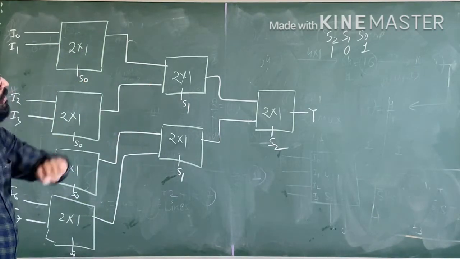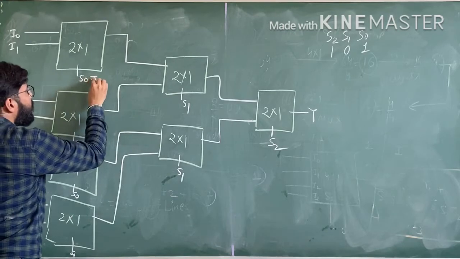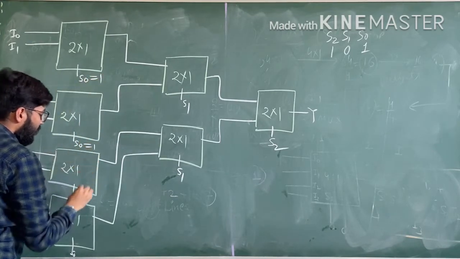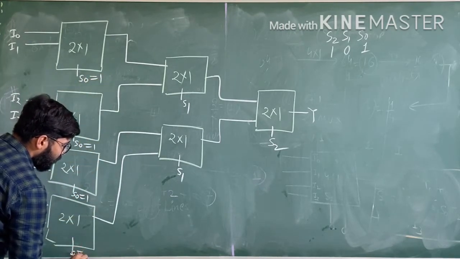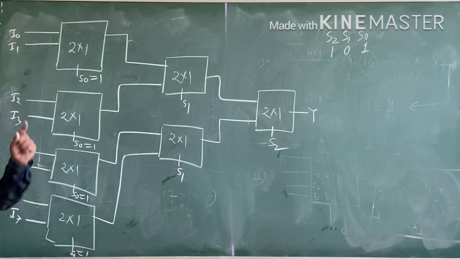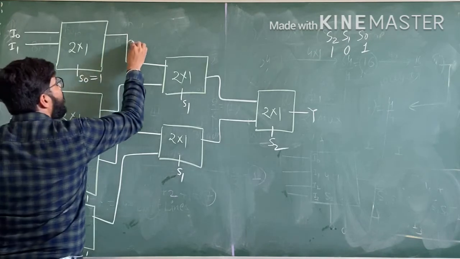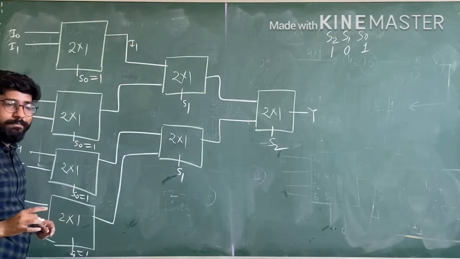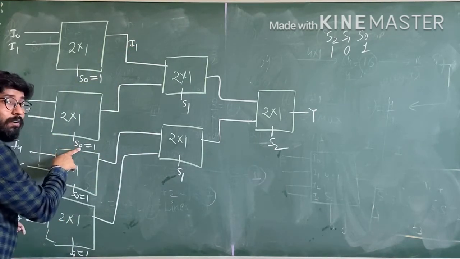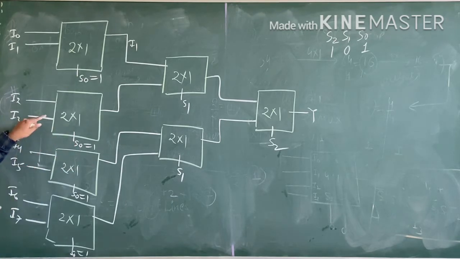If S0 is 1, you put 1 here, 1 here, 1 here, and 1 here. Now in the starting stage, if S0 is 1, the multiplexer passes the second input line. The second input line is I1, so we get I1 here. Here S0 is 1, the multiplexer passes the second line, which is I3.